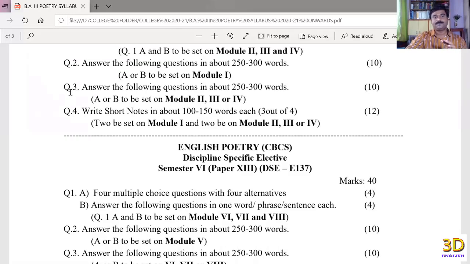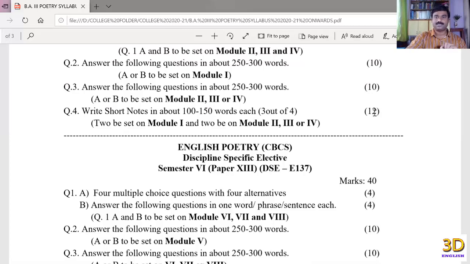Then question number 3 is there. Answer the following questions in about 250 to 300 words. Modules 2, 3, 4 will be there. Again, it will be for 10 marks. Here, question number 4: write short notes in about 100 to 150 words each, 3 out of 4.